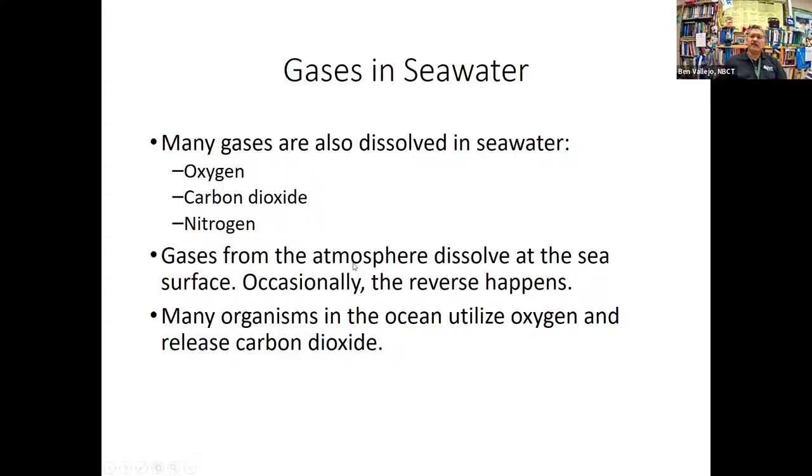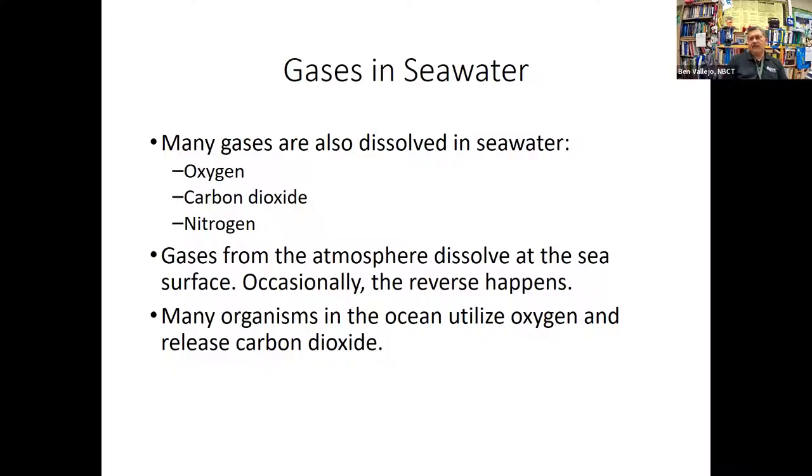These will go into the ocean water from the atmosphere, but the reverse also happens. It says here gases from the atmosphere dissolve at the sea surface, and occasionally the reverse happens. Actually, it happens all the time. It's just that usually the net movement is from the atmosphere to the ocean.